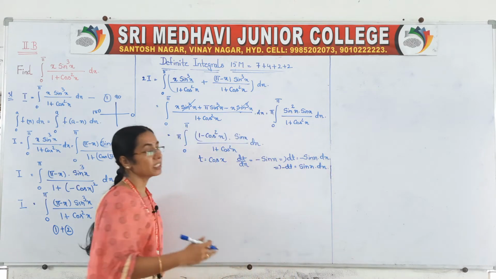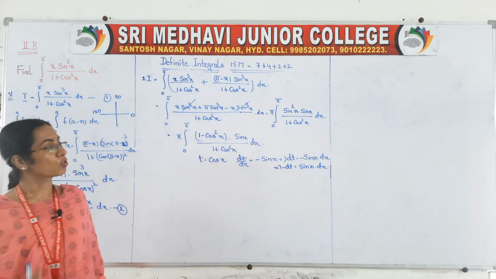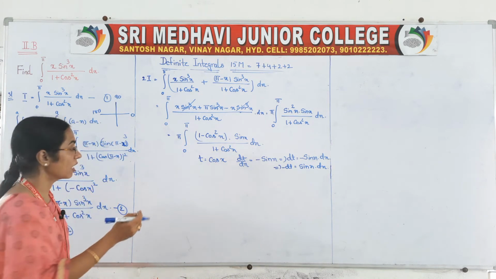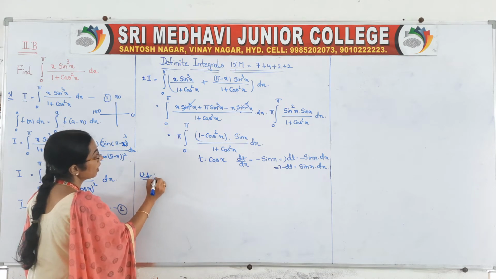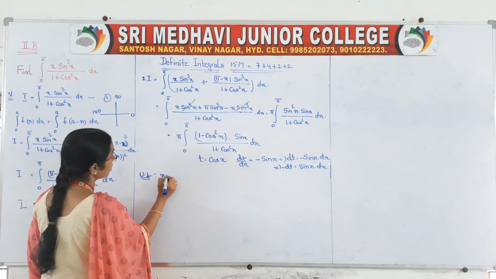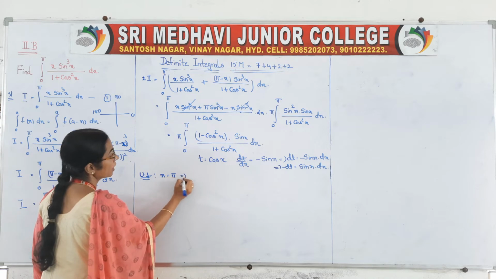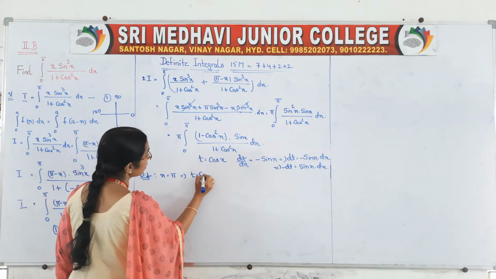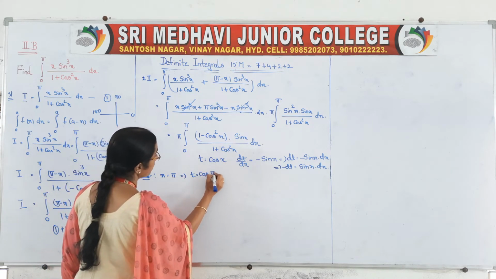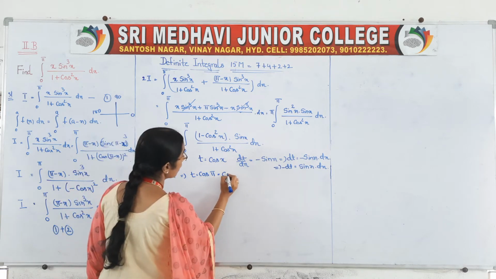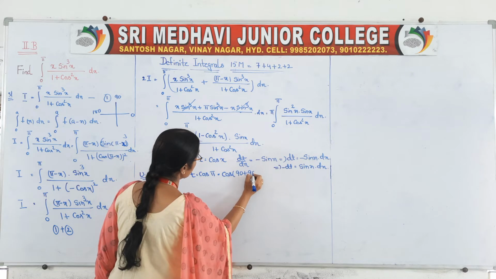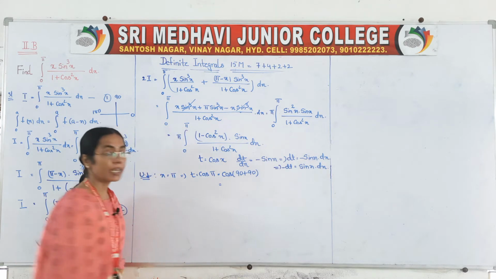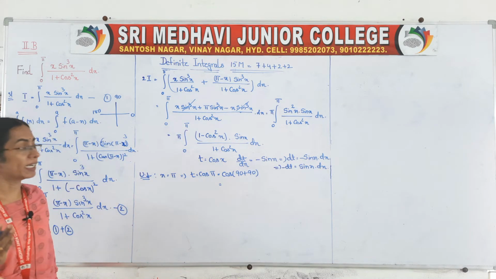So we are converting the problem in terms of t, so we have to change the limits also, right? What is your upper limit? x is equal to pi. So take your t, t is equal to cos pi, which is cos 180, 90 plus 90, second quadrant.